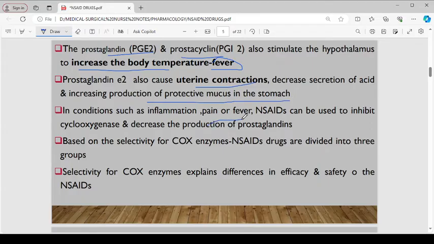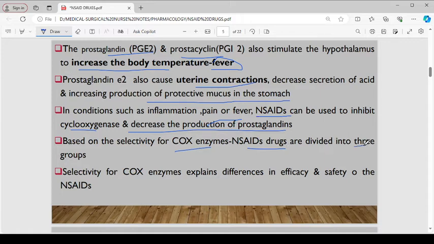So in conditions such as inflammation, where we find pain or fever, you can simply use NSAIDs to inhibit cyclooxygenase, and in the process, you will decrease the production of prostaglandins. Now, based on the selectivity for these COX enzymes, NSAID drugs are divided into three major groups.